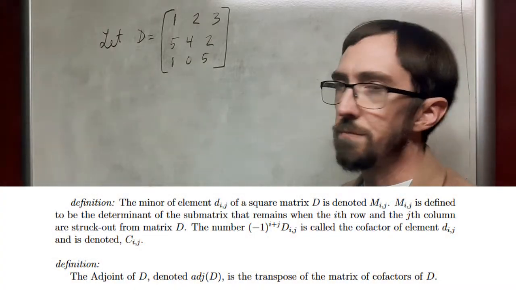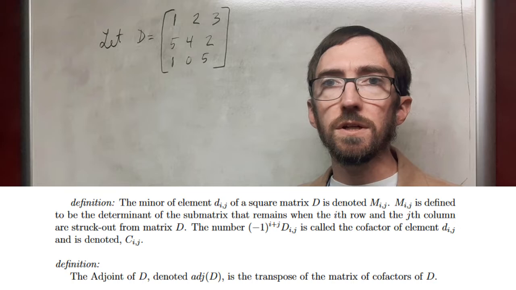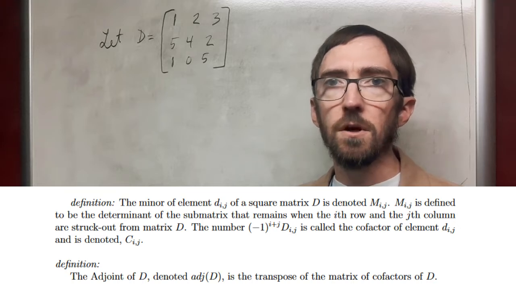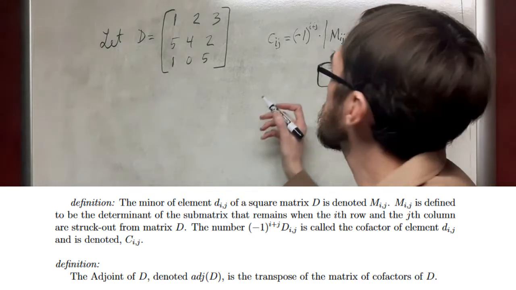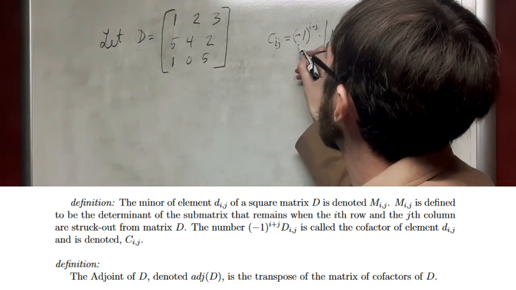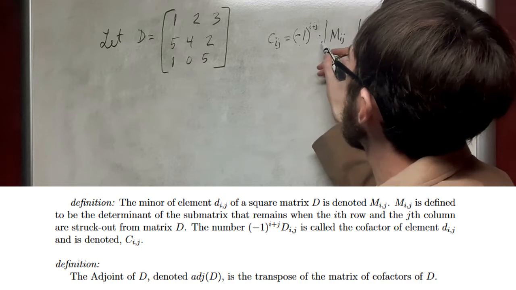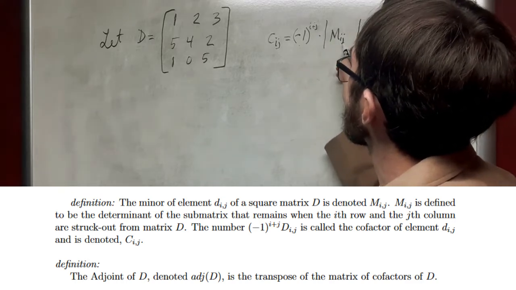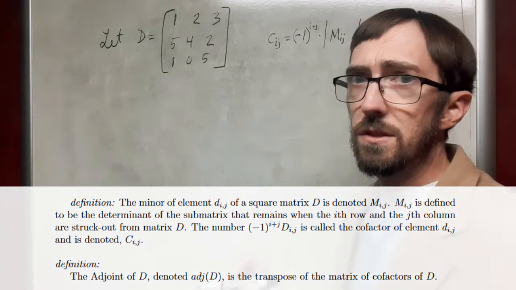The next thing that we're going to do is find the adjoint of this matrix. To begin that, we have to create a matrix of cofactors. The cofactor is going to be -1 to the i plus j power times the determinant of a submatrix.